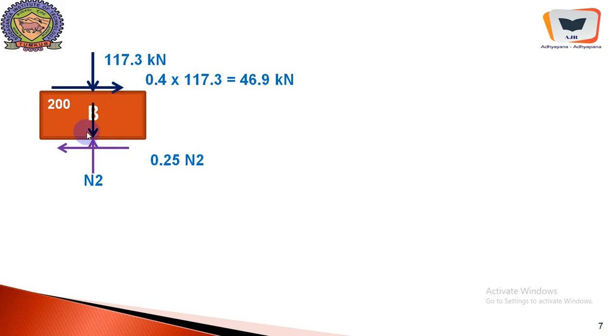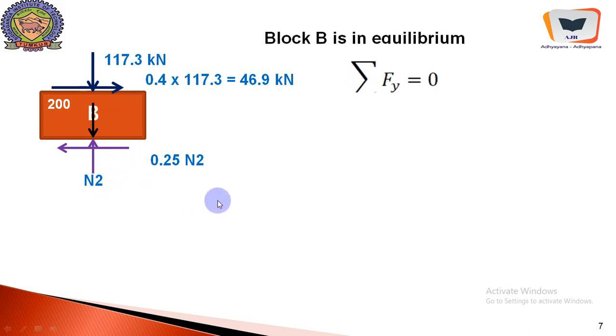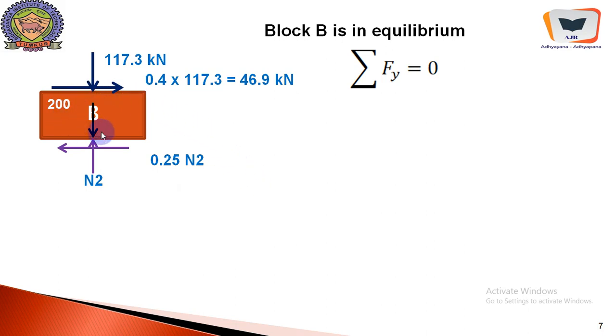As far as this block is concerned, the tendency of this block to move in this direction is owing to this. Therefore, we have written the frictional force opposing this particular frictional force, and this will become the external tendency to push this block in the rightward direction. So this becomes 0.25 N2, and this is N2, and we will assume that block B is also in equilibrium.